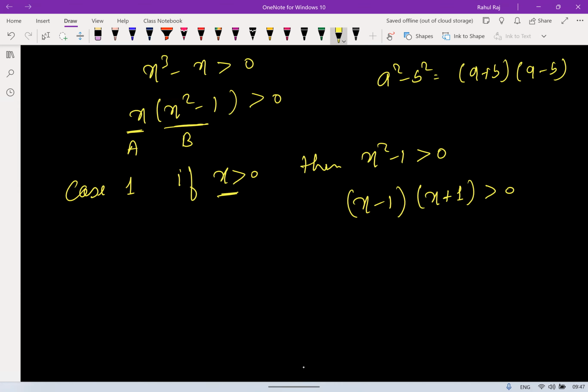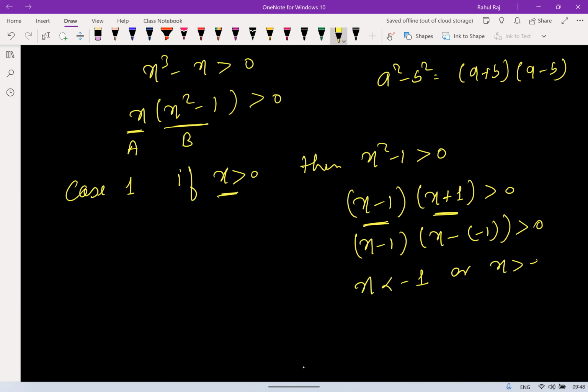Now, Alexa, see here. Is this in the form of x minus a into x minus b? That is nothing but x minus 1 into x minus negative 1 greater than 0. Now, x minus a into x minus b, which is the smaller one, 1 or minus 1? Minus 1, right? So, can I say x is less than negative 1 or x is greater than positive 1?